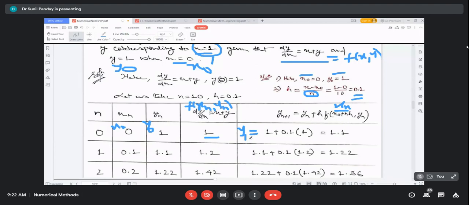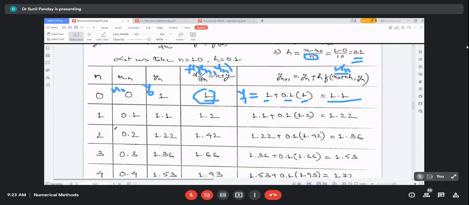So for y1, it is y0 plus h f(x0, y0). y0 is 1, h is 0.1, and f(x0, y0) is 1, so we substitute. Then for x1, what is x1? x1 is x0 plus h. x0 is 0, h is 0.1, so your x1 is 0.1.